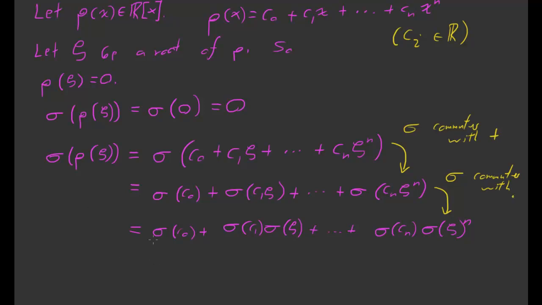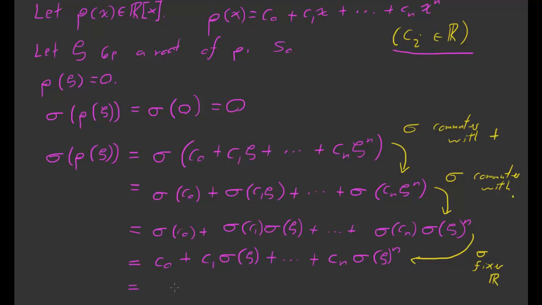Now, let's use the fact that sigma fixes the real numbers. Remember, all of these Ci are real numbers. So sigma fixes them. Sigma of Ci is equal to Ci. So this is equal to C0 plus C1 times sigma of zeta plus ... plus Cn times sigma of zeta to the n. And this was using the fact that sigma fixes R. But what is this last guy?